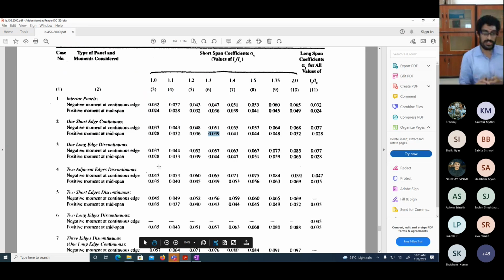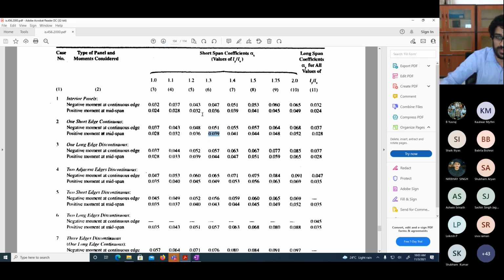What type of edge is S2? One long edge discontinuous. Okay. Aspect ratio, what do you see? 1.63. So if I look over here, I have 1.5, then I do not have 1.6 or 1.7.